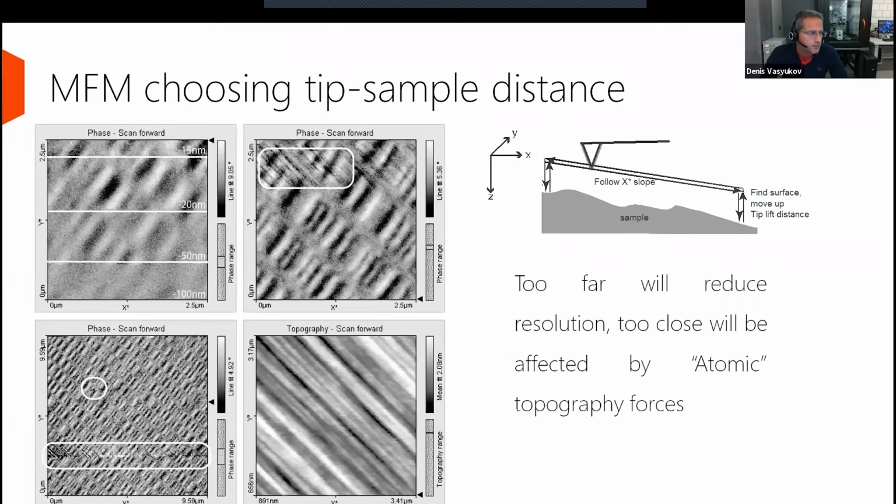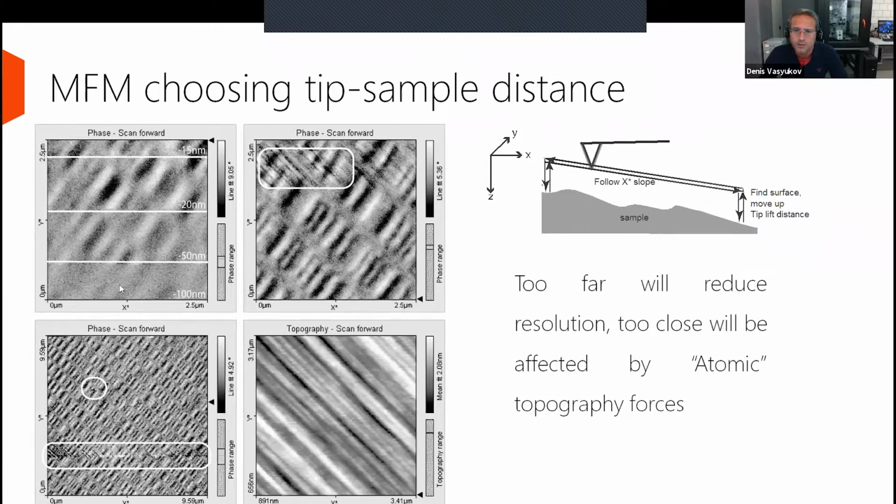Now to see how this works a bit in practice. As you know, or probably remember from your physics classes, magnetic interaction is a long-range interaction. It decays as 1 over r cubed, where r is the distance between the tip and the sample. And this you can clearly see in the image in the top left corner.